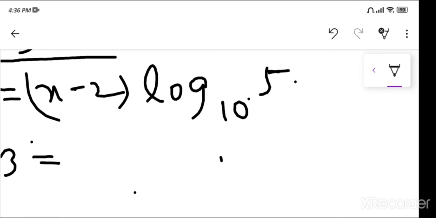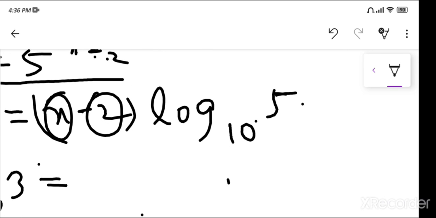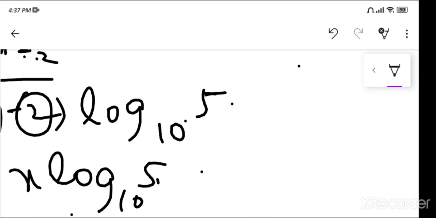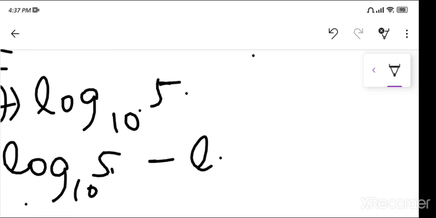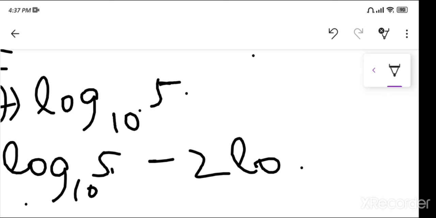Multiply these both. Multiply x and minus 2 with log 5. That gives you x log 5 to the base 10, and gives you minus 2 log 5 to the base 10.